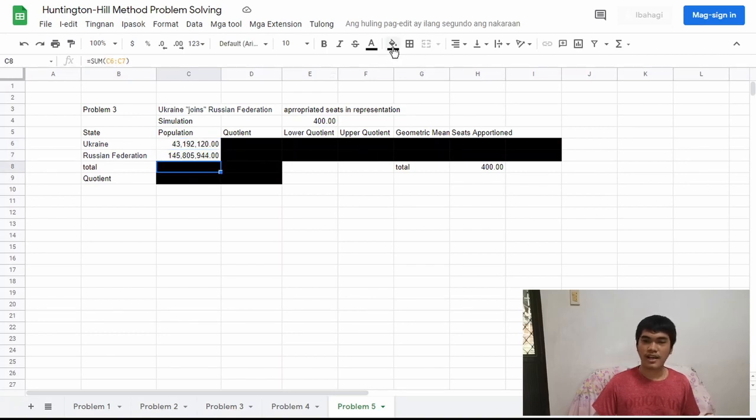So the total of that will be 188,998,064. So in this hypothetical unification of Ukraine and the Russian Federation, the appropriated seats is 400. This is only hypothetical because actually Russian Federation doesn't have a House of Representatives. It is called by another name.